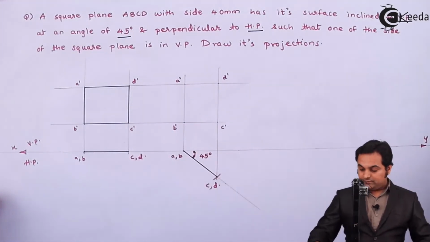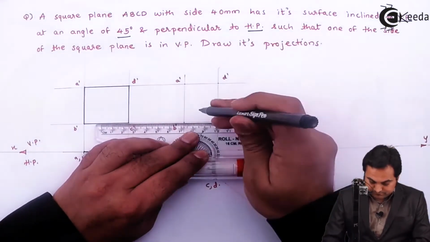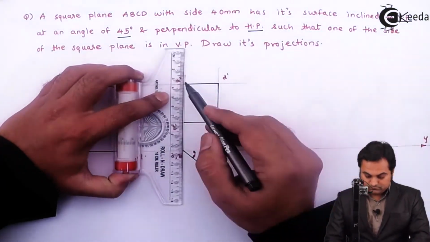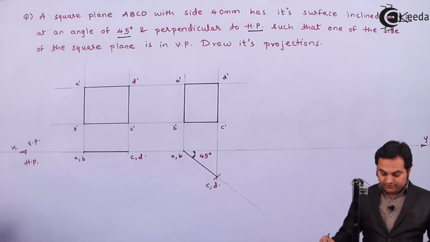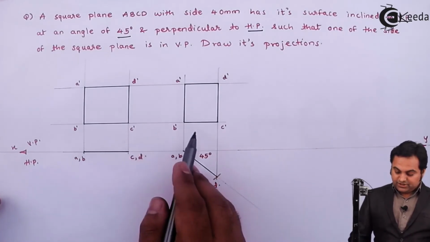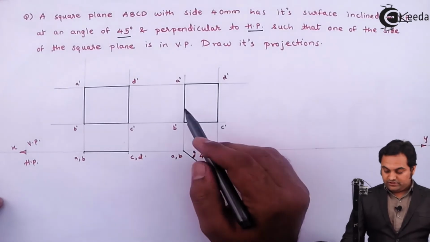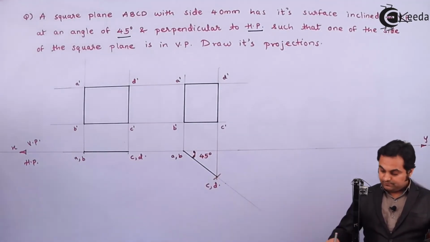Now joining all these points with the help of dark line. So this is the rectangular plane as it appears in the front view. The shape has changed. Previously it was a square. Now it has become a rectangle. Finally giving the dimensions here.